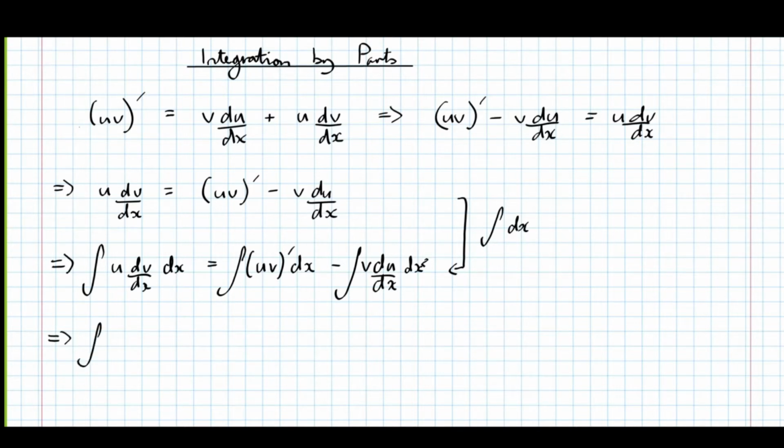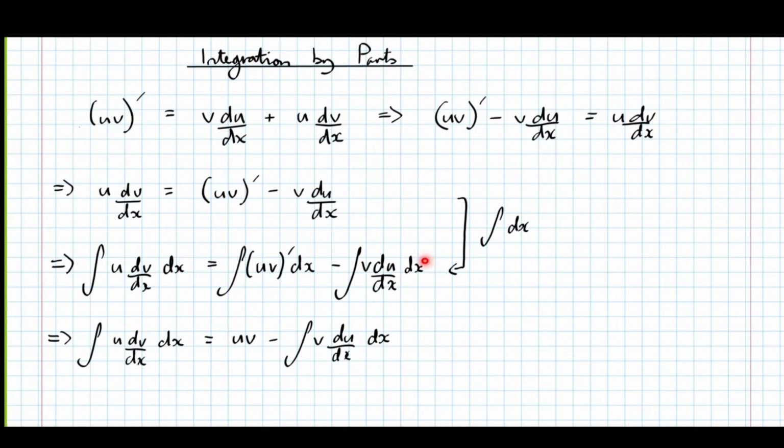So we get the integral, can't simplify this, that's as simple as it'll get, u dv by dx equals, now this one here will simplify because I've differentiated something with respect to x, then integrated it again. So that just becomes uv, minus the integral of v du by dx.